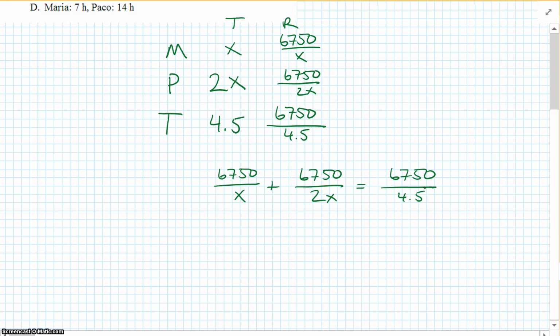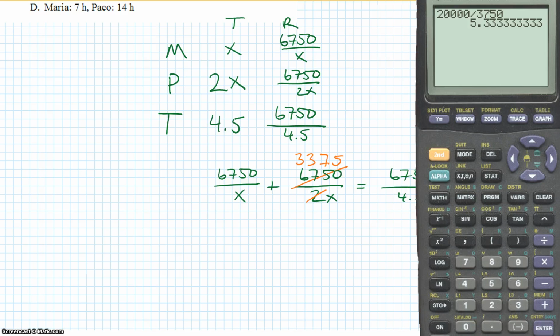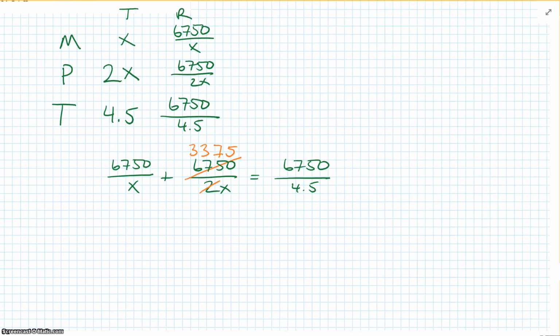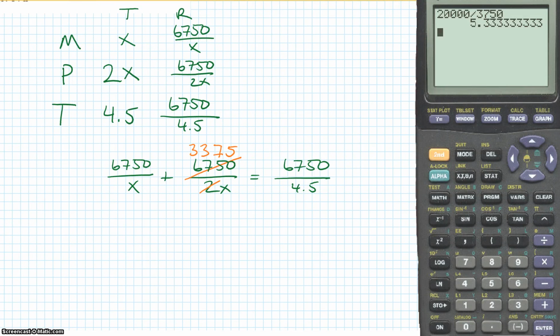Well, we really don't have to do a lot of math here if we don't want to. We could multiply everything by 2x if we wanted to. Or we could just simplify this by 2. That'd be 3,375. Let's get our handy dandy calculator out and solve for 6,750 over 4.5.